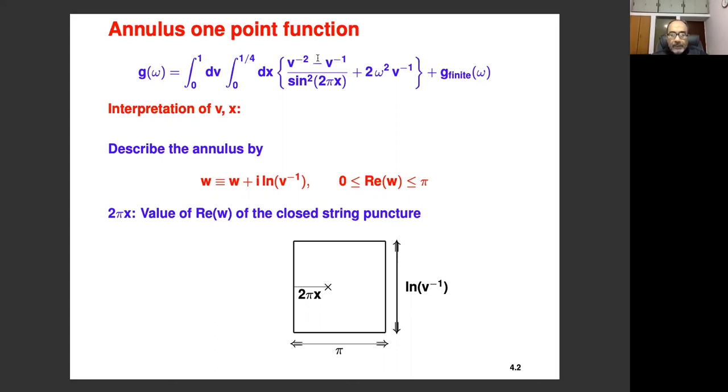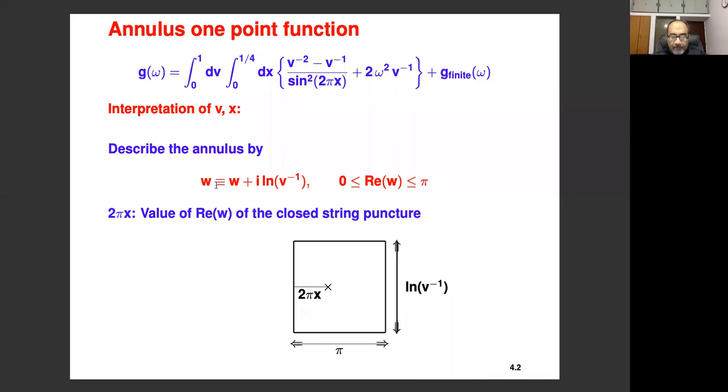But to do this, the first thing we need to know is what v and x are. What is the geometric interpretation of v and x in terms of the annulus geometry? This is what I have described here. We'll describe the annulus as a cylinder, which is of course the same, and we'll take the height of the cylinder to be fixed, that is pi, and then the circumference is what we'll call log of v inverse.